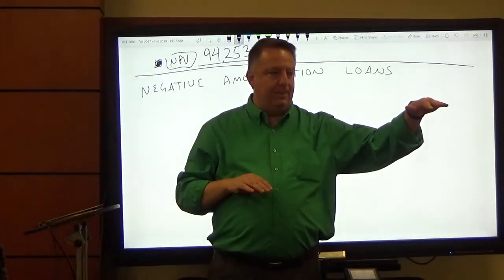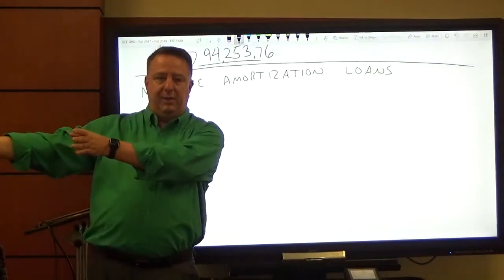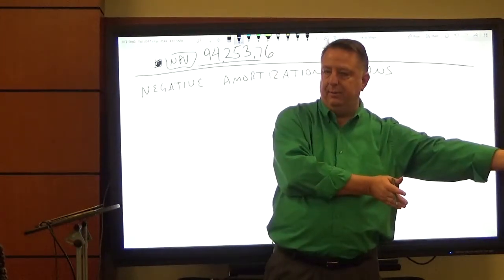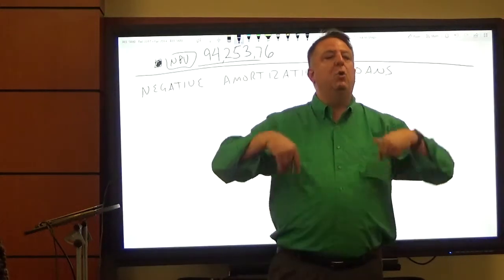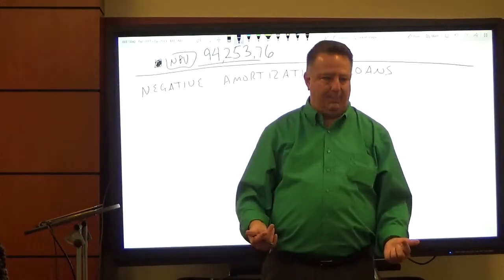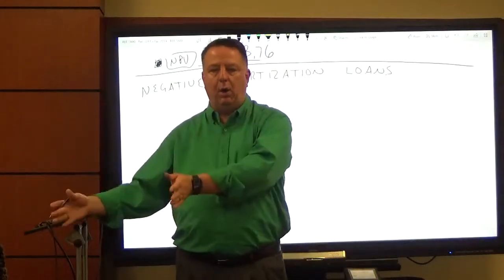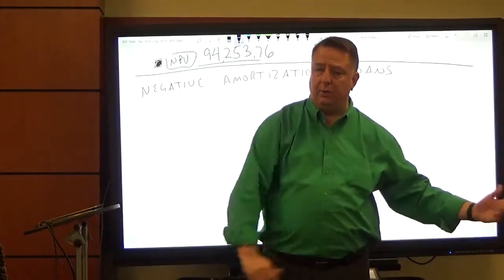Does that make sense? So where you might have owed $100,000 at the beginning of the loan, now maybe you owe $115,000 because of not making those full payments. So you have incurred negative amortization, okay? Meaning that you now owe more than what you previously owed, or more than you originally borrowed.